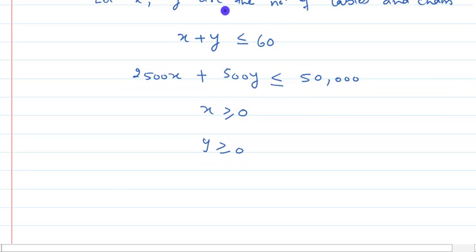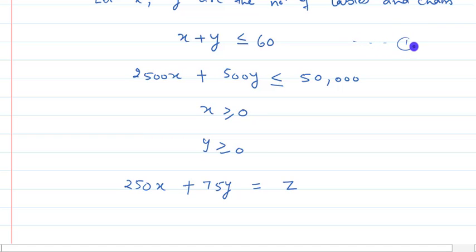Therefore the profit for X tables will be 250X, and on Y chairs it is 75Y, and the total profit is the addition of the two, and this can be written as Z, and Z is the function which is formed for the purpose that we need the maximum profit.